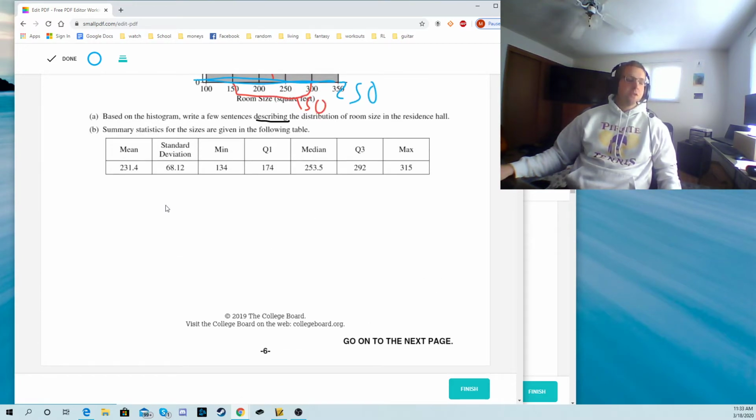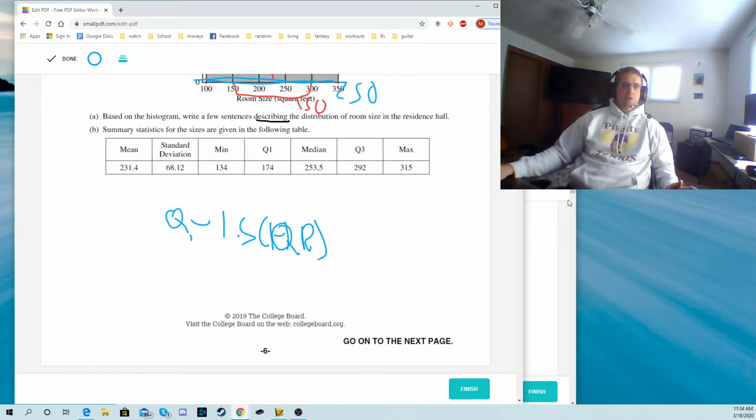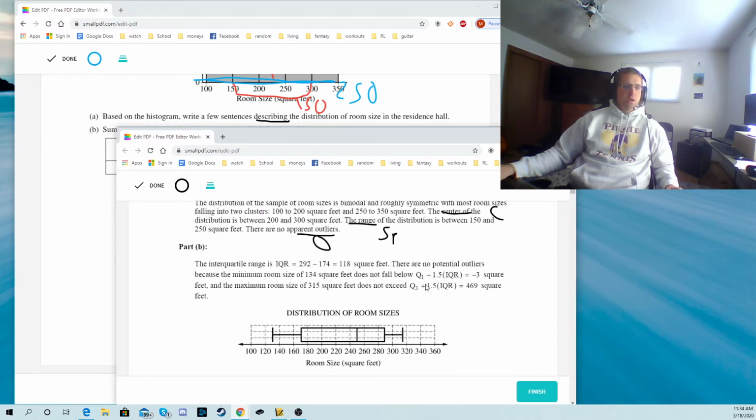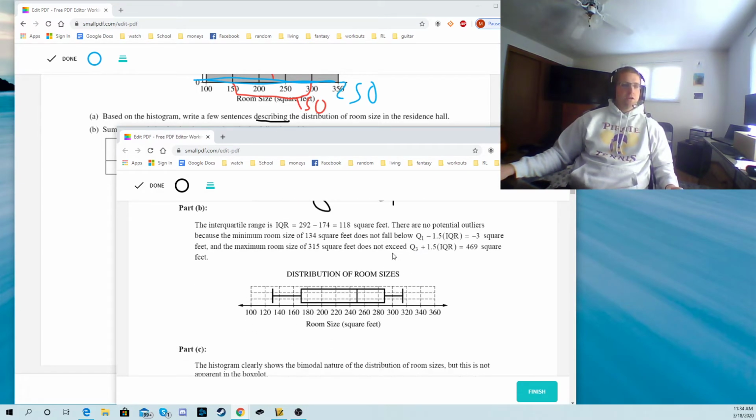So how can you tell? Well, you have to use that formula, Q1 minus 1.5 times IQR, and then Q3 plus 1.5 times IQR. So I will show the solution. They did this right here, Q1 minus 1.5 times IQR. So what's IQR?